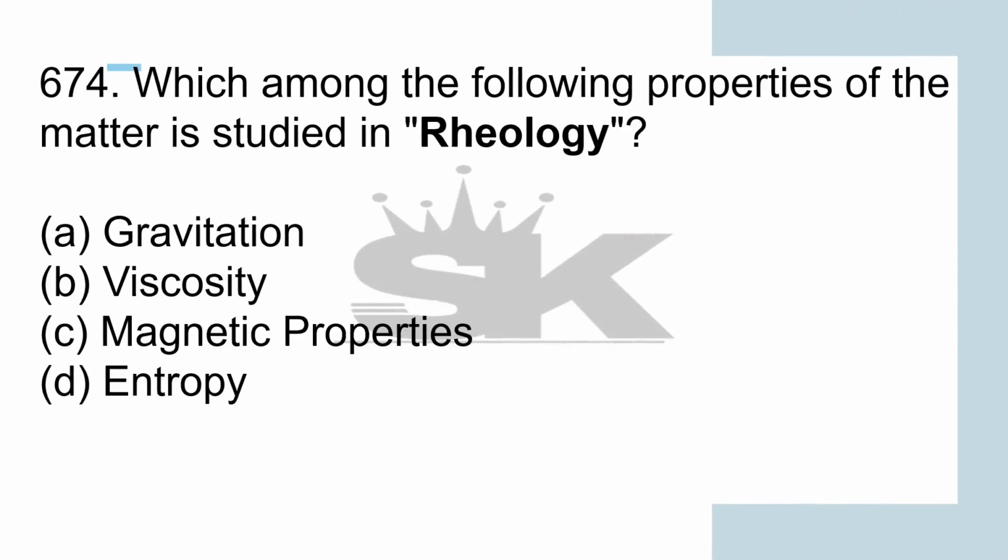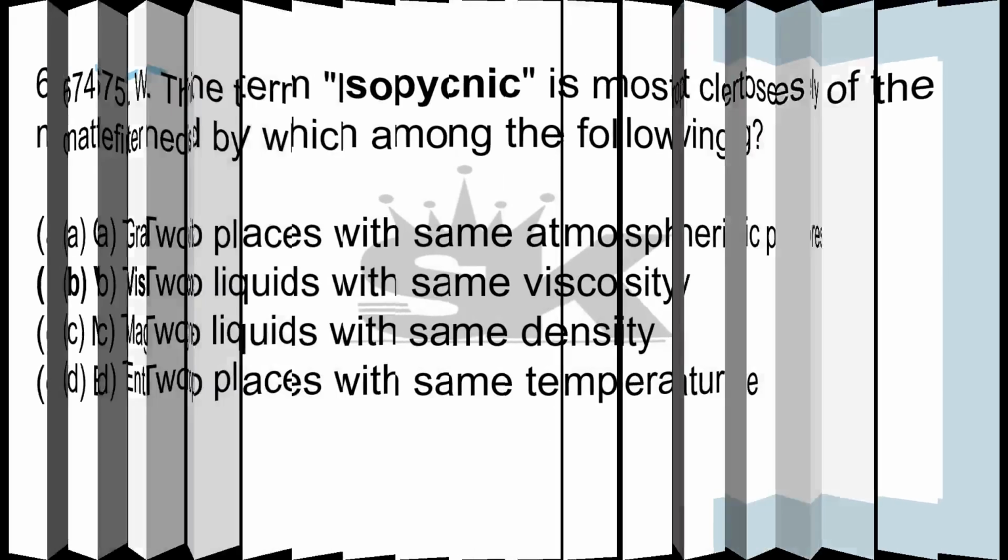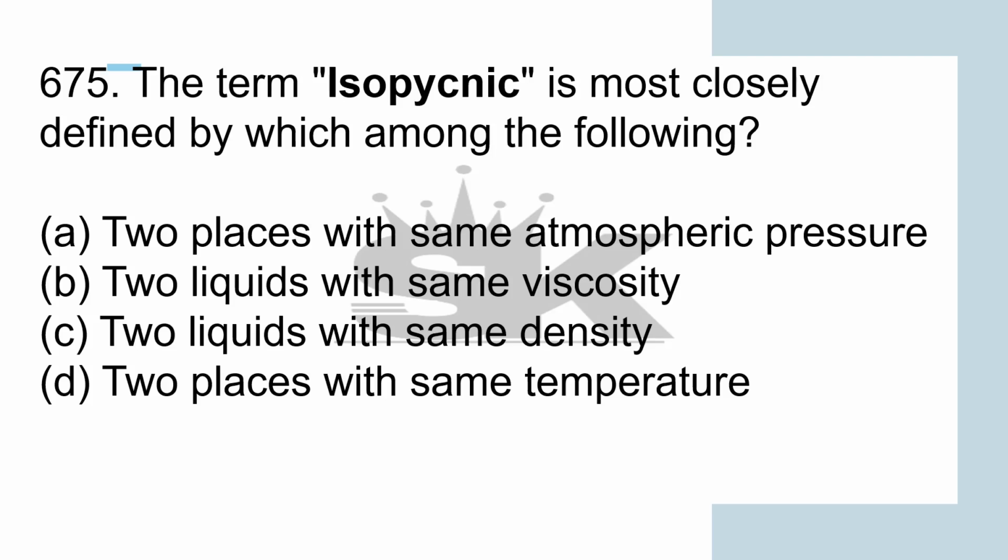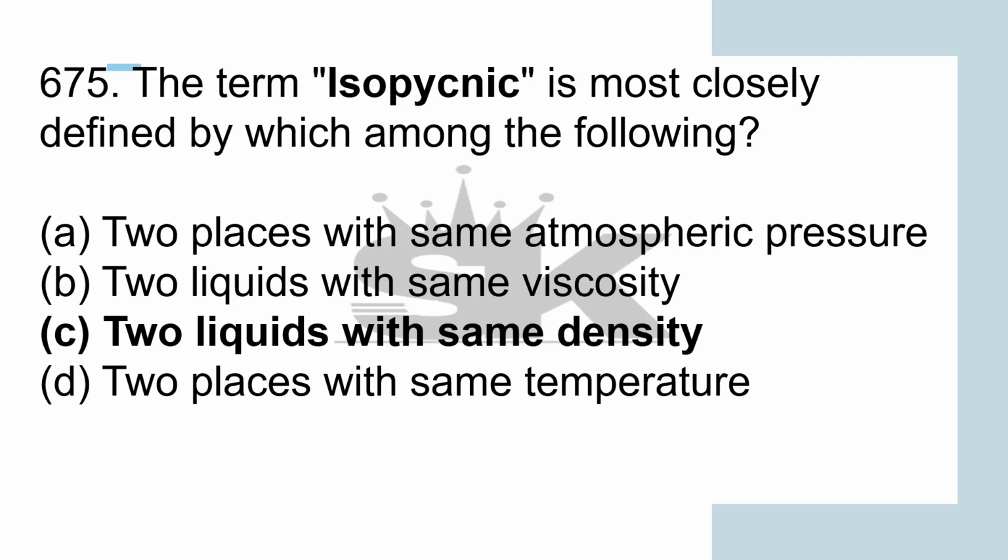Which among the following properties of matter is studied in rheology? So here the answer is viscosity. The term isopycnic is most closely defined by which among the following? So the answer is two liquids with same density.